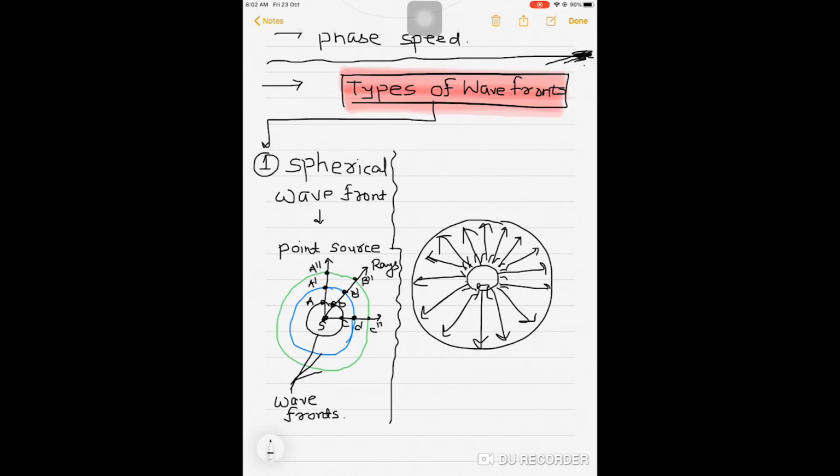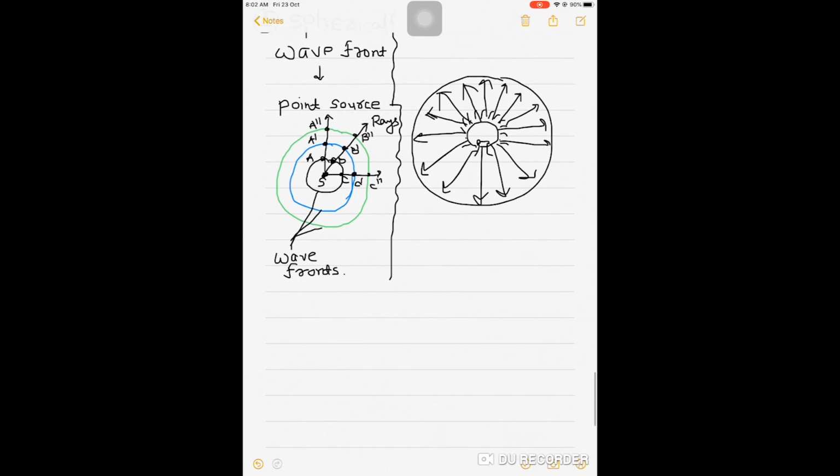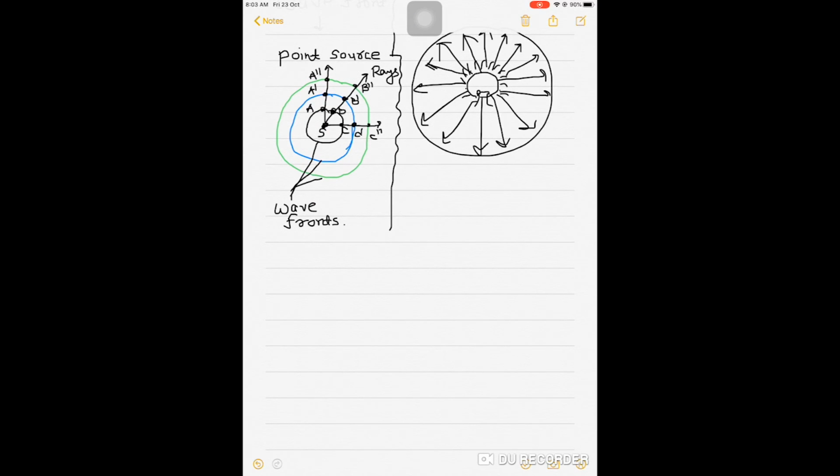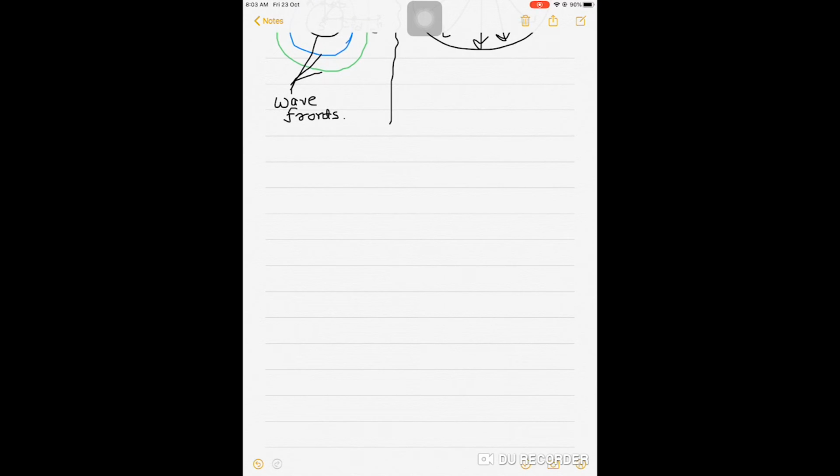Another thing is the cylindrical wavefront. So the second form is the cylindrical wavefront. What is the condition for the cylindrical wavefront?